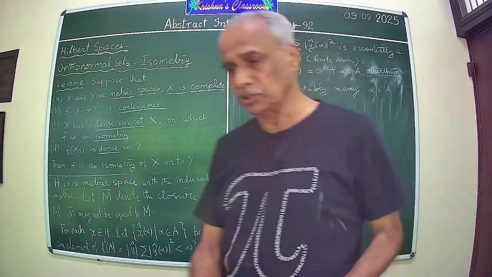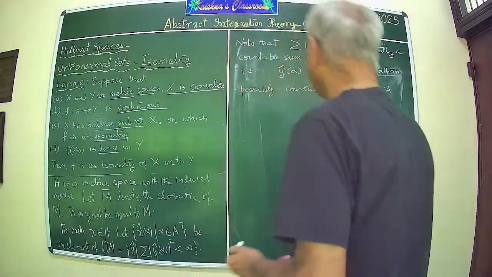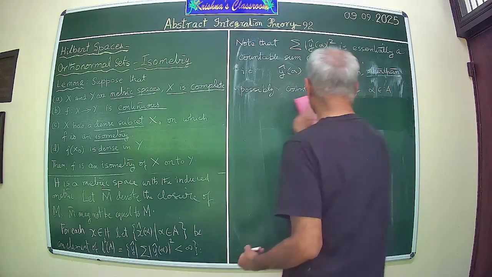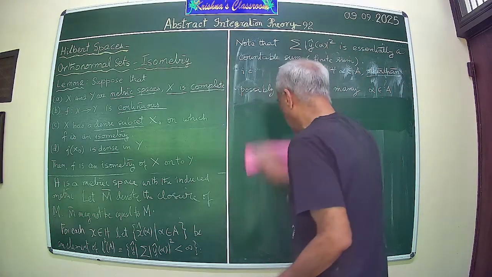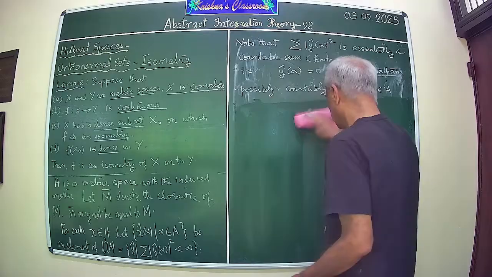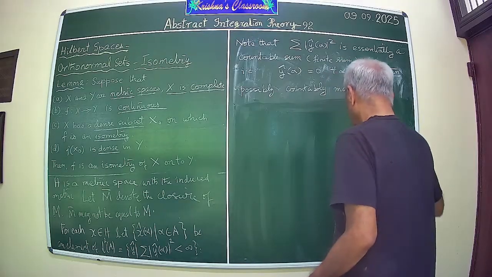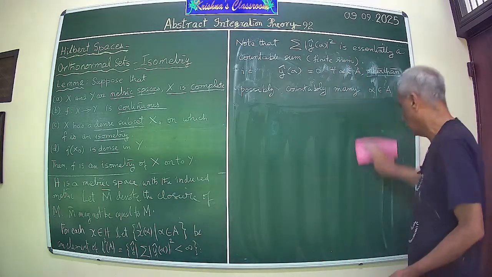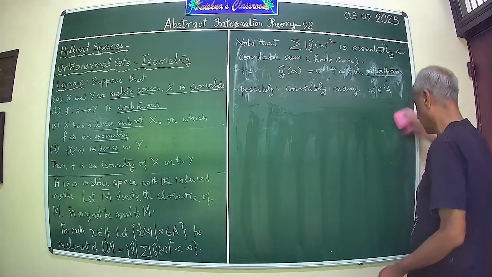Last time we introduced all these things and we also gave the meaning of the sum over alpha belonging to A of y hat alpha.